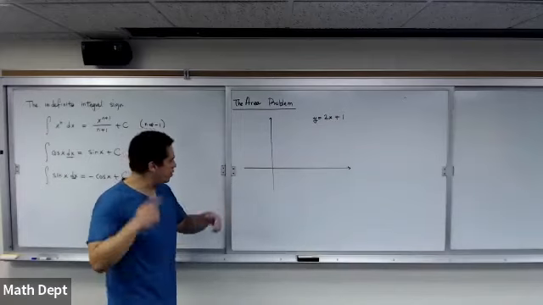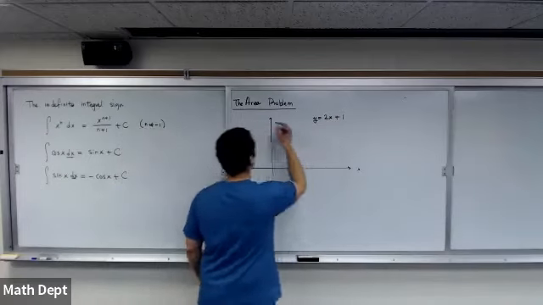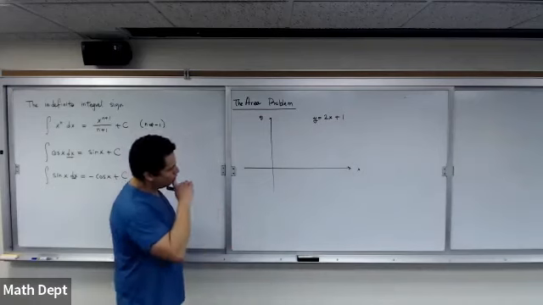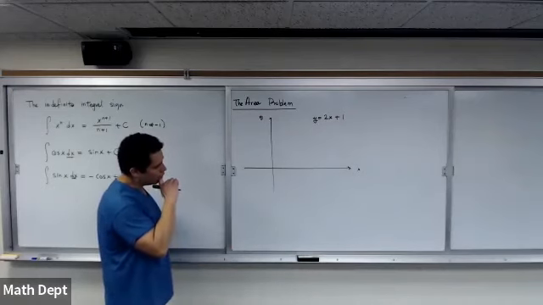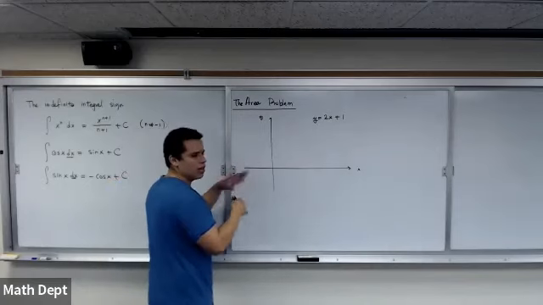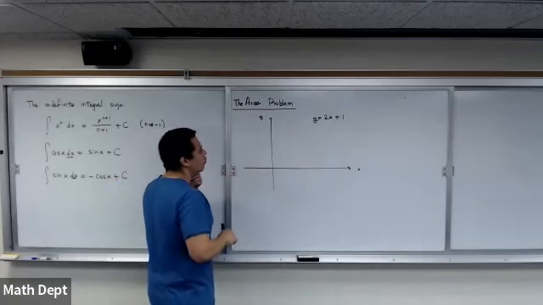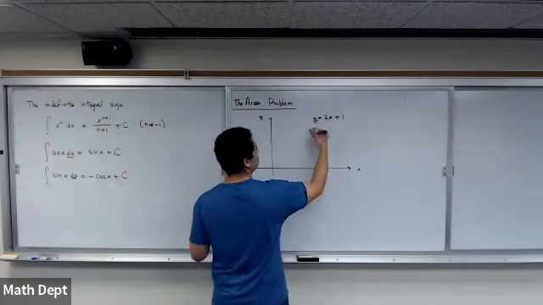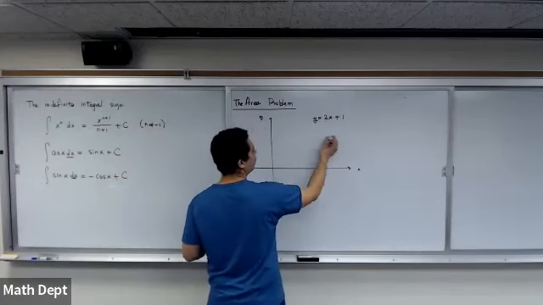Just to have some reference. Here I have my x-axis, here I have my y-axis. And what I would like to do is just to get some idea of how this line looks like. Well, let's see, I'm going to plot it.